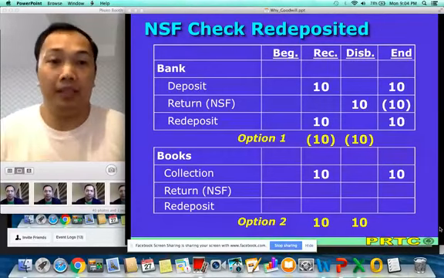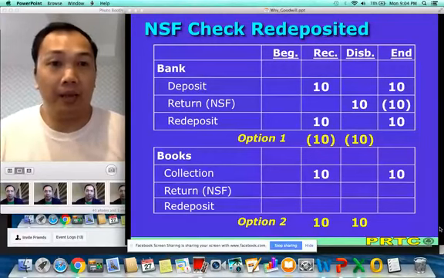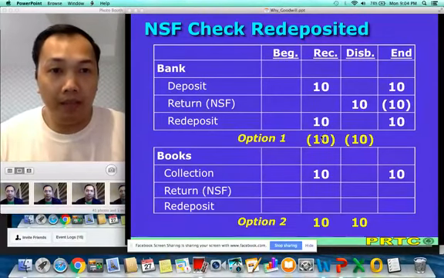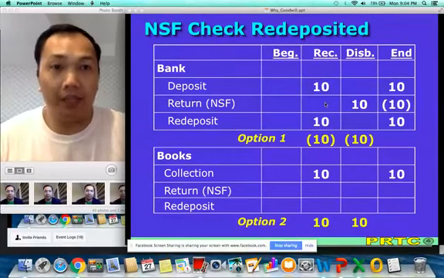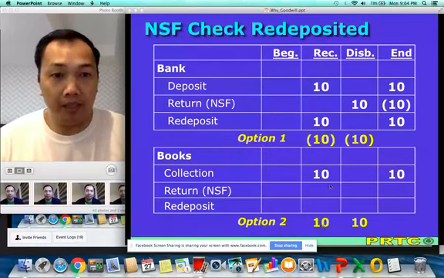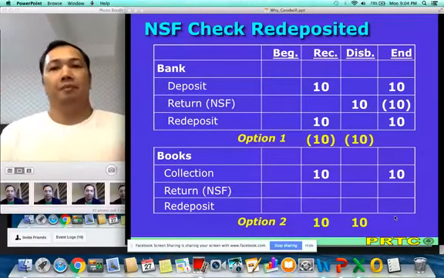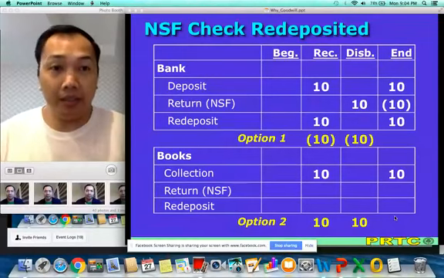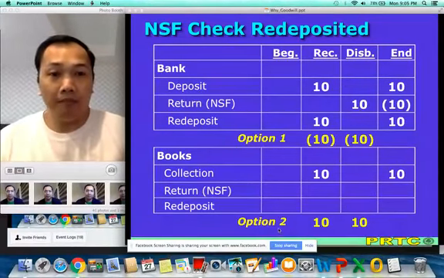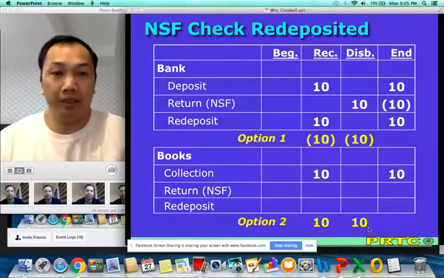So ano bang preference natin dyan? Tingnan mo yung difference pag ang tanong, adjusted receipts. Option 1, dahil mag-offset ito, ang sagot yung original lang, 10. Pag ang ginamit naman natin option 2, dahil magpa-plus 10 ka rito, ang sagot 20. Ang tanong, magkano bang receipts? 10 or 20? Diba, 10 only? So, although acceptable, option 2 tends to overstate the receipts and disbursements.